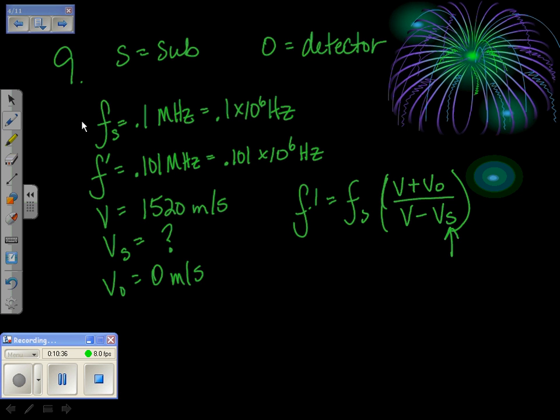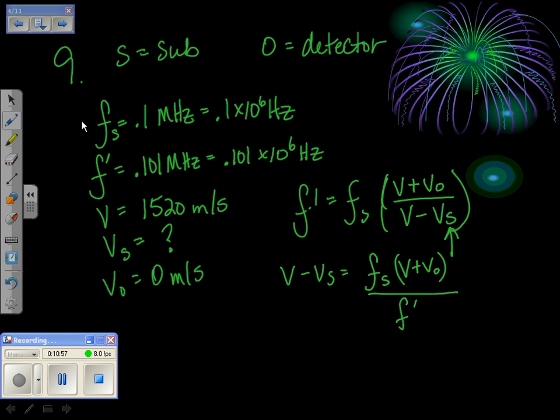The easiest way to start is to say V minus Vs equals F sub S times V plus V naught divided by F prime.